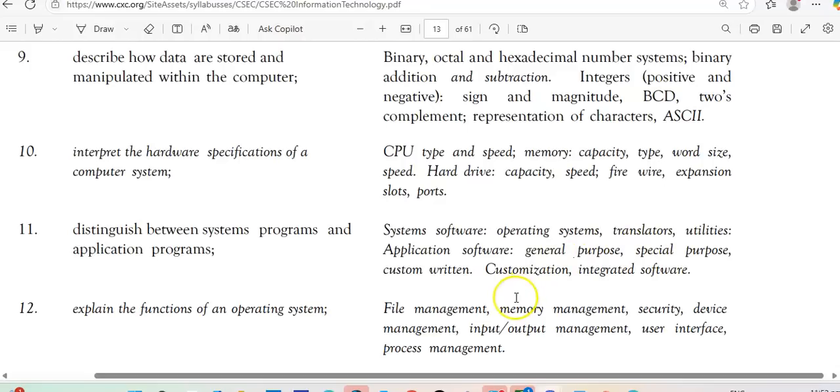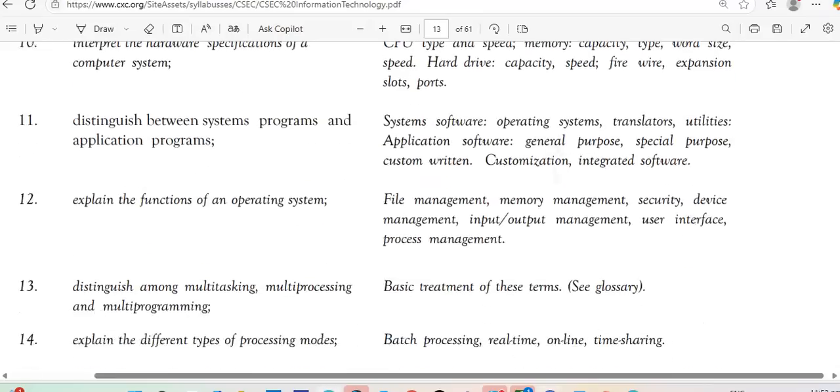We have custom written, which is software developed for a specific organization or user. It's tailored to meet their unique needs and requirements. Customization is the process of modifying software to meet specific user needs, often through configuration, options, or add-ons.